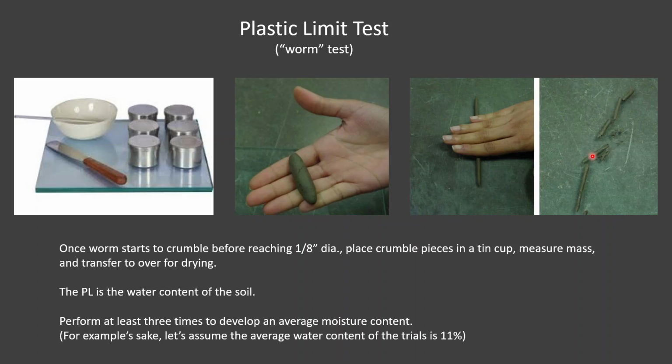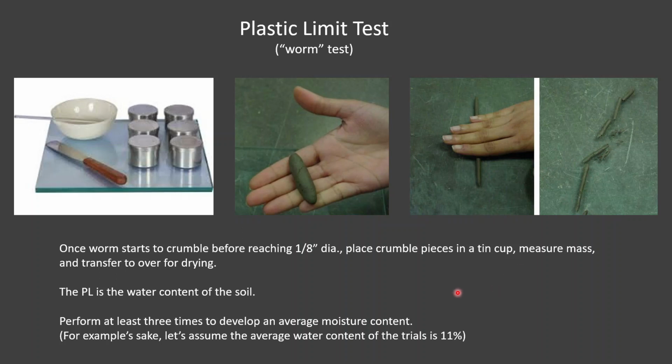And you immediately want to transfer all these contents into a tin cup and go weigh it wet so you can get your wet mass, and then we're going to throw it in the oven, dry it out, and come back and weigh it dry so that we can compute the moisture content of the soil when it was in that condition, which would be the plastic limit of that soil.